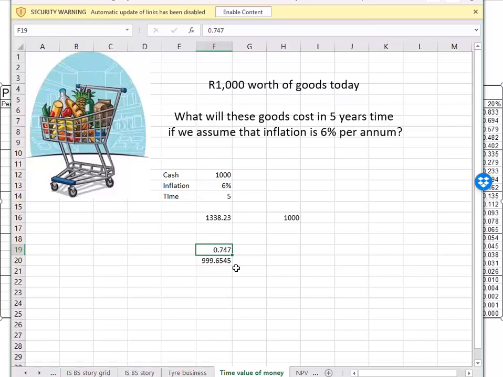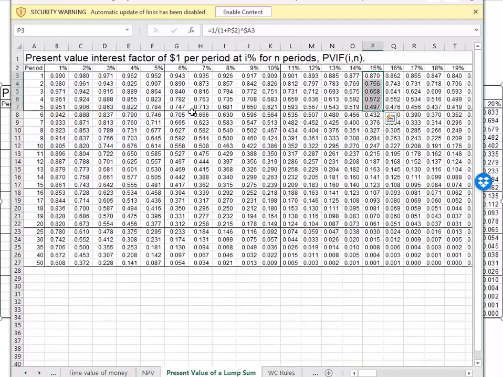So instead of using the formula to get us back to 1,000, we might use a factor to get us back there. And really the way these factors are calculated, if I show you my NPV table here, if we have a look at this formula, we will see it is taking 1 Rand, or $1 according to the table, and dividing it by 1 plus G2.